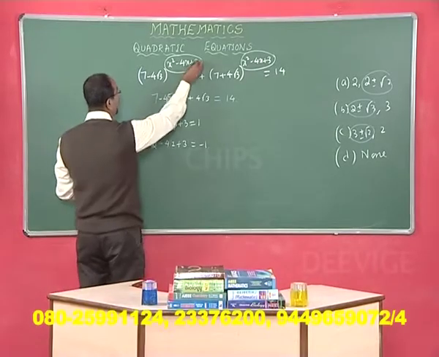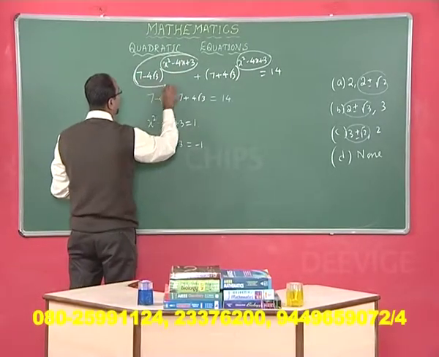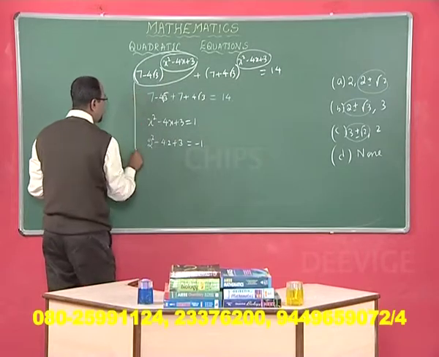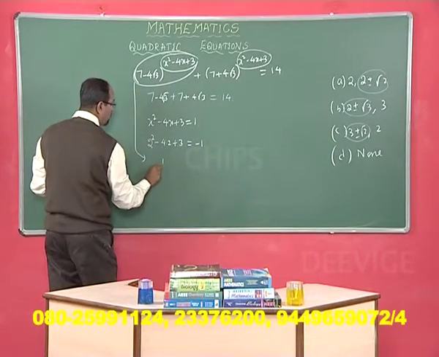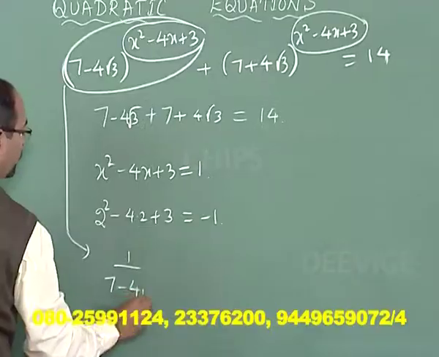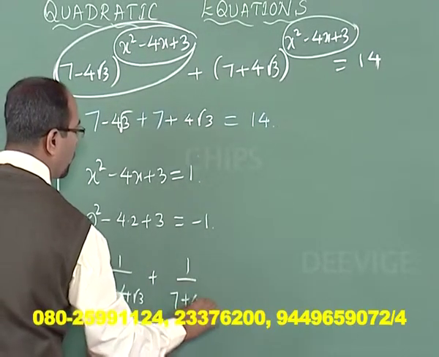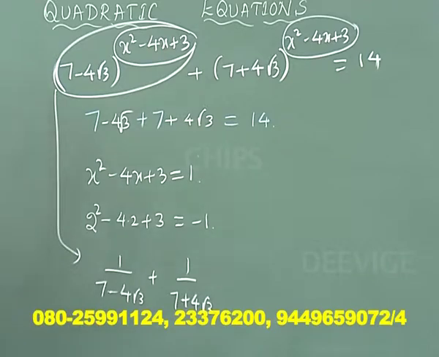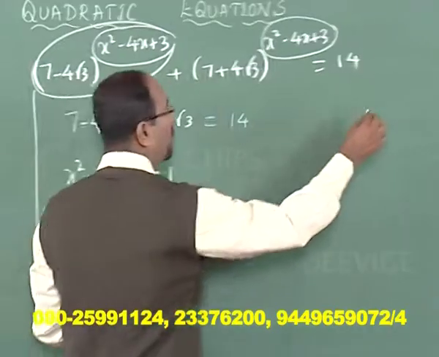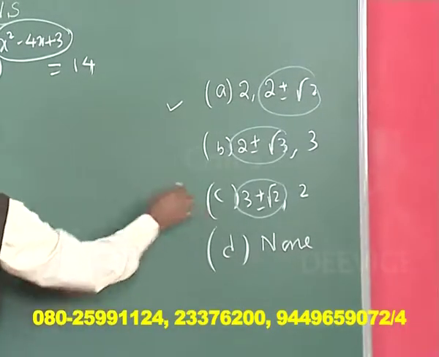If this power is minus 1, then we will be getting the reciprocals, that is 1 by (7 minus 4 root 3) plus 1 by (7 plus 4 root 3). If you take the LCM and simplify, definitely you will get it as 14. That clearly says either option A or C must be correct.